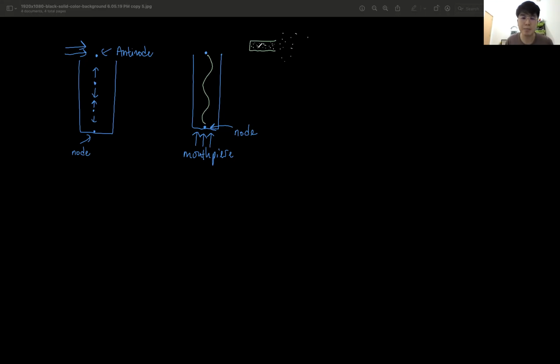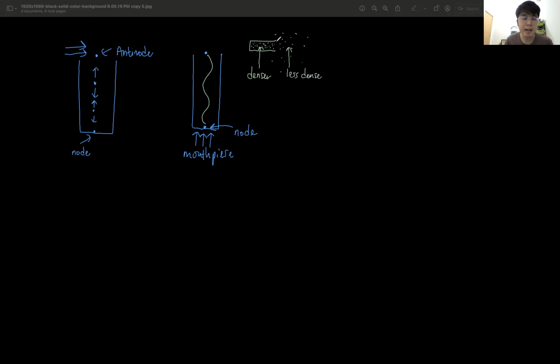It's static. So we can say that there's a difference in the density, because more particles are packed inside the tube compared to particles outside in the air. So the air inside the tube is denser, and the air outside is less dense.